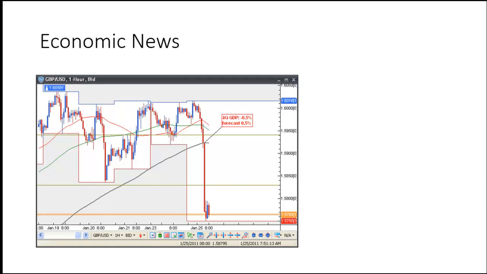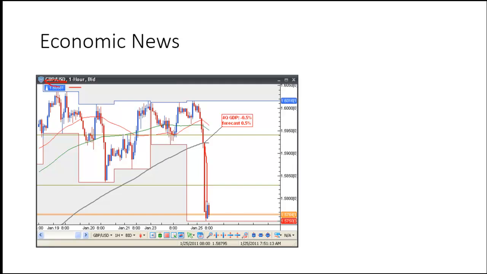One of the things we may do when we look at trading economic news is to look at the price movements. And in this case, what I've shown on screen is something like sterling dollar, the GBP USD. Each one of these bars represents 1 hour and the price moves over the space of an hour.